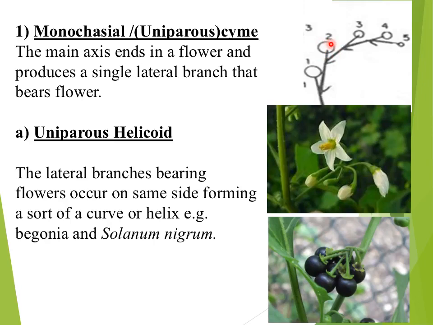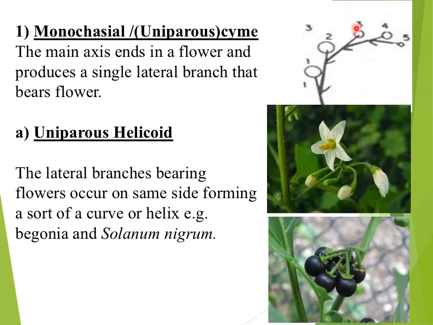So it means that at a time only one flower is formed. Again, a new flower is formed next time, number 4 will form next time, and number 5 will form next time. This process continues, but each flower contains its own stalk. The main branch will not continue for further progress.